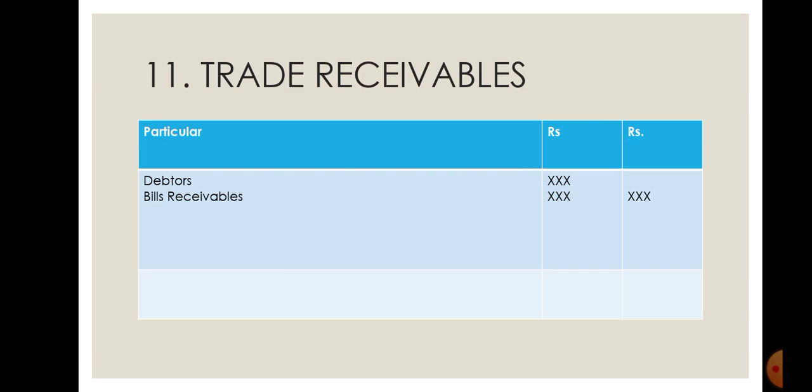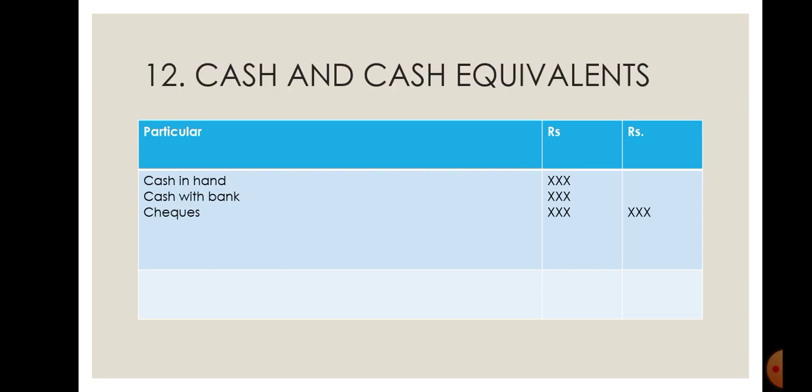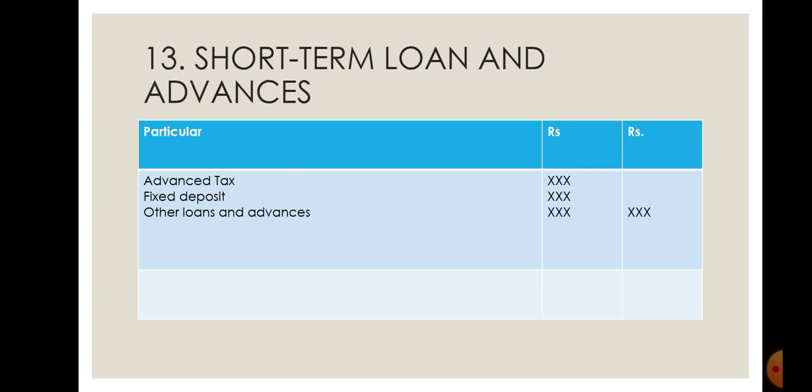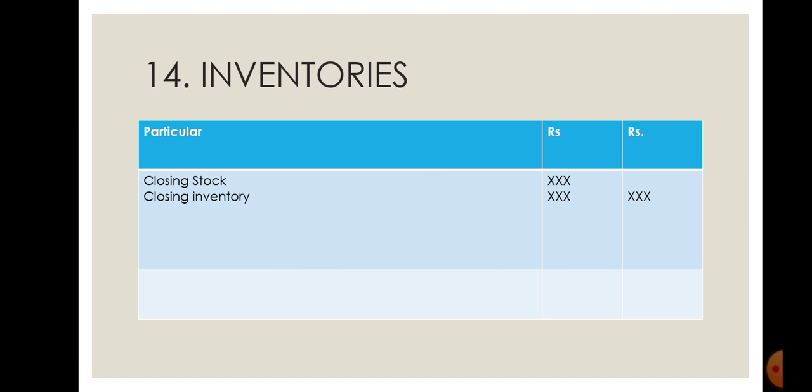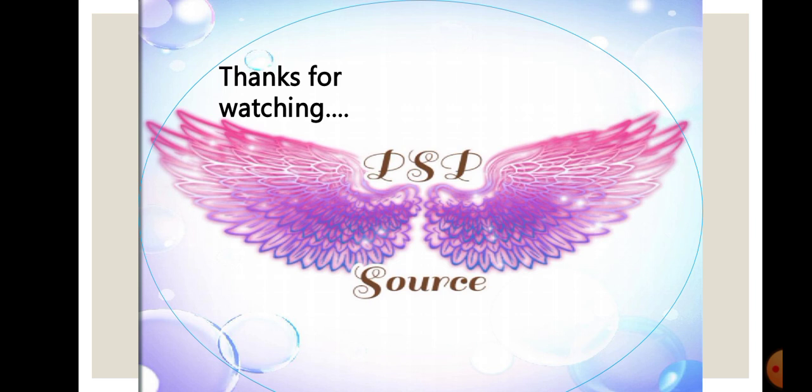Under trade receivables, debtors and bills receivable are given. Under cash and cash equivalents, cash in hand, cash with banks and cheques are given. Under short-term loans and advances, advance tax, fixed deposits and other loans and advances are given. Under inventories, closing stocks are given.